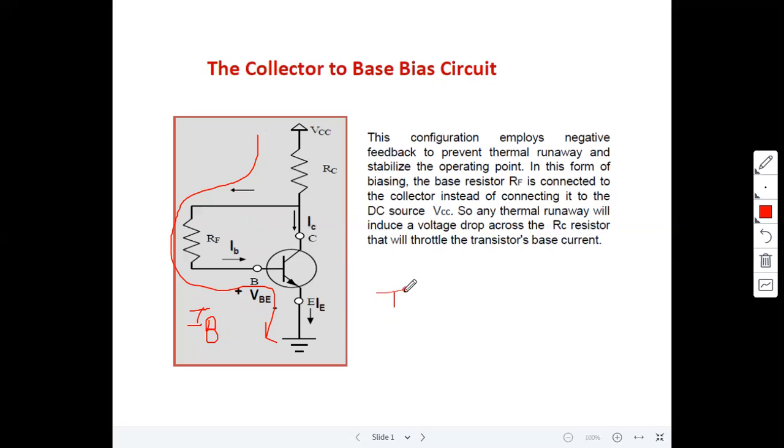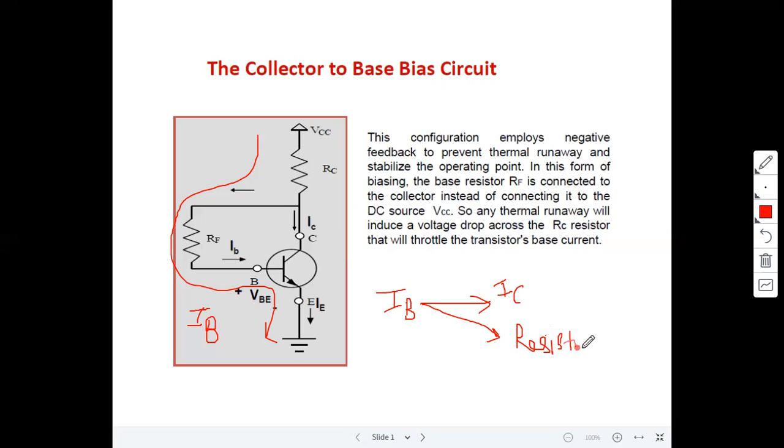There are two different types of expressions for the base current: one in terms of IC, and the second in terms of resistors and power supplies.